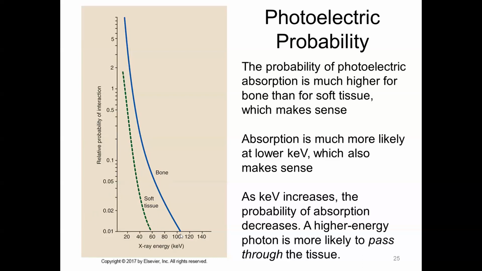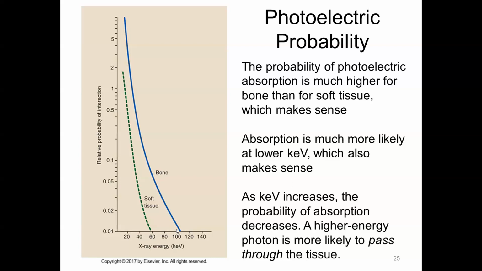So it caps out above 100 keV. At 120, we've pretty much eliminated photoelectric absorption in the bone. We're just transmitting through it. Soft tissue fell off way back here.